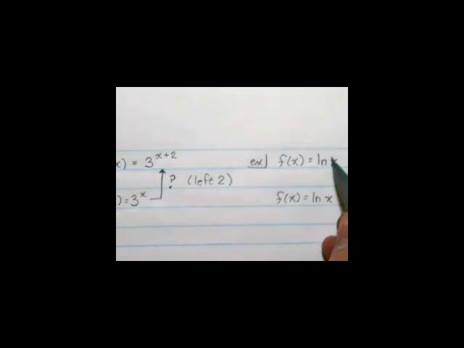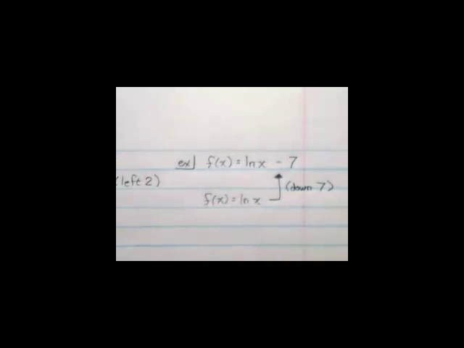It's not the natural log of x minus 7. It's the natural log of just x. So you're taking this whole thing and then minus 7, right? So this is a down 7.